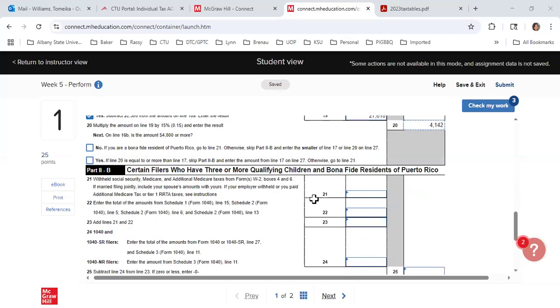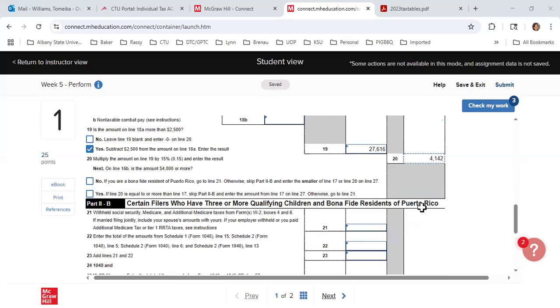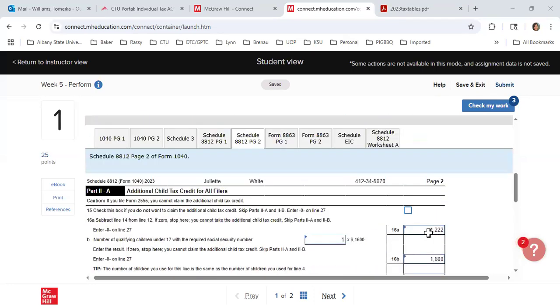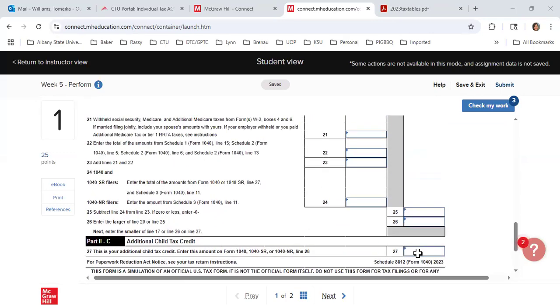Okay, so now at the very bottom of this form, part 2 doesn't apply to this taxpayer, but part 3 says this is your additional child tax credit. It's the same amount that is on line 16A and 17. So it is 1,222 that you're going to enter in box 27. Once you have that, please let me know.